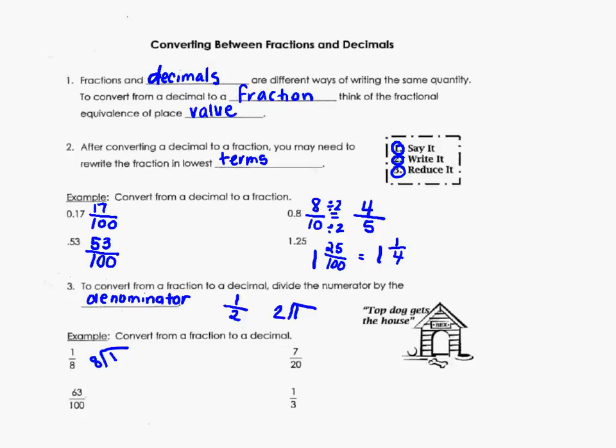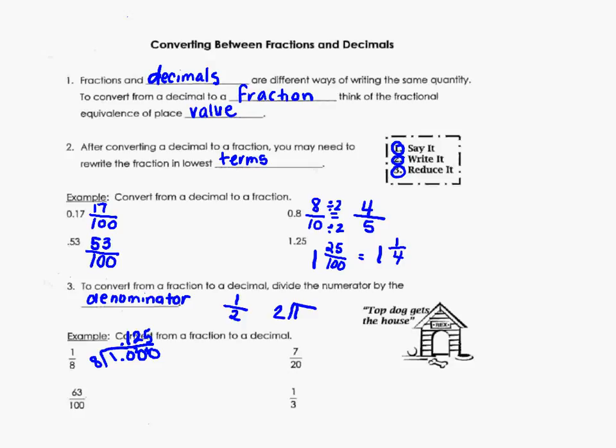Okay, 8 can't go into 1, so I have to add a decimal and a 0. 8 goes into 10 one time with 2 left over. 8 goes into 20 2 times with 4 left over. 8 goes into 40 5 times. Wherever the decimal was in the house, it has to move up to the rooftop. So 1/8 is equal to 125 thousandths.